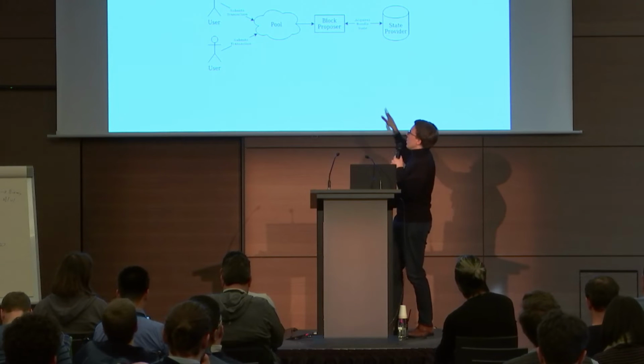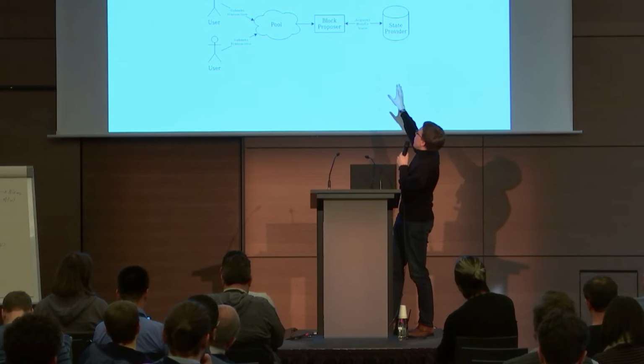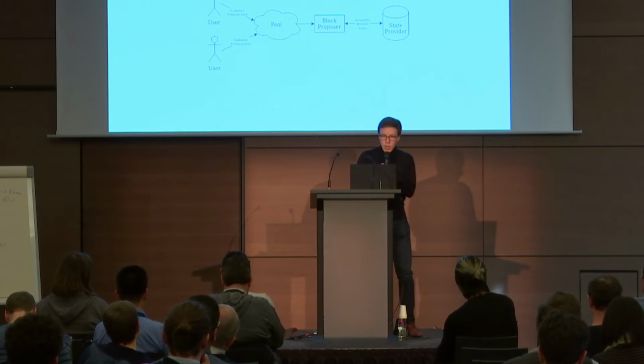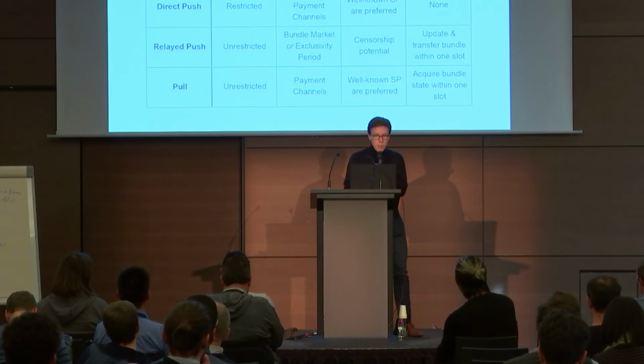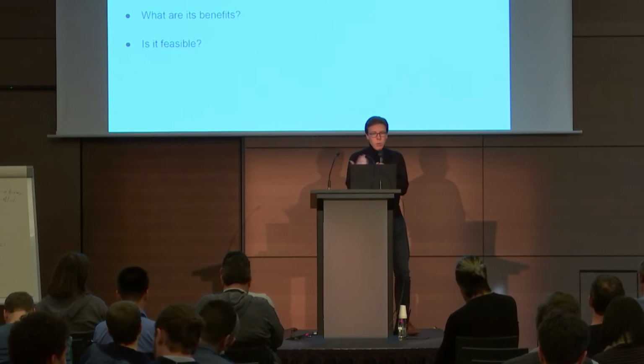But the pool model, where the block proposer is responsible for fetching the state. You already know this, so those are the different advantages and disadvantages. For direct push, we need SSA, but then we get a lot of things that we want to have. So that's why we started looking into it.